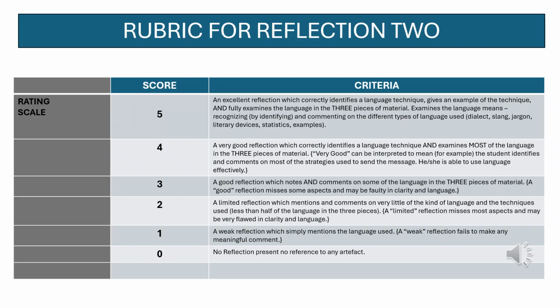A good reflection misses some aspects and may be faulty in clarity and language. 2 marks for a limited reflection which mentions and comments on very little of the kind of language and the techniques used, less than half of the language in the 3 pieces. A limited reflection misses most aspects and may be very flawed in clarity and language. 1 mark for a weak reflection, which simply mentions the language used. A weak reflection fails to make any meaningful comment. And 0 marks for no reflection presented, no reference to any artifacts.